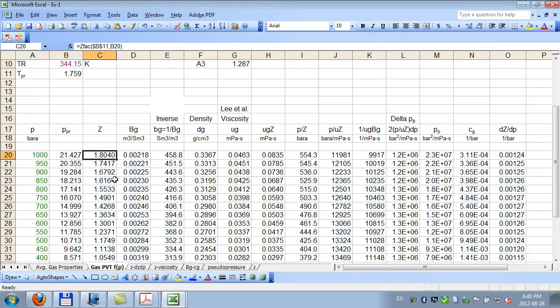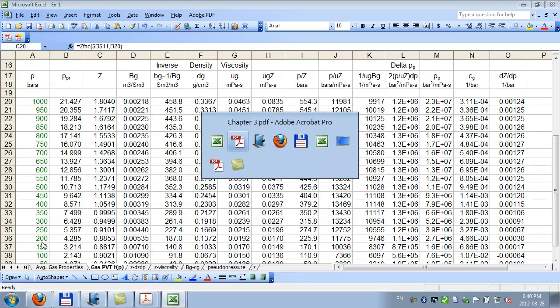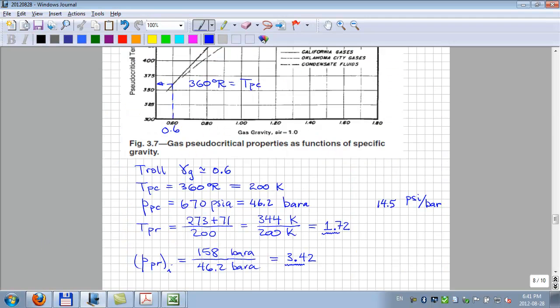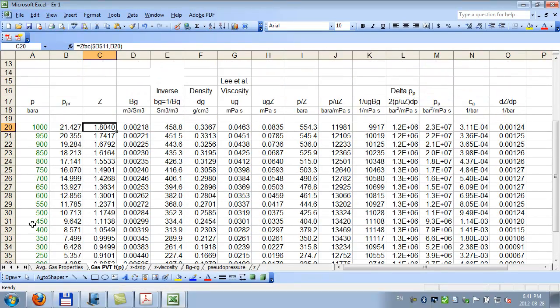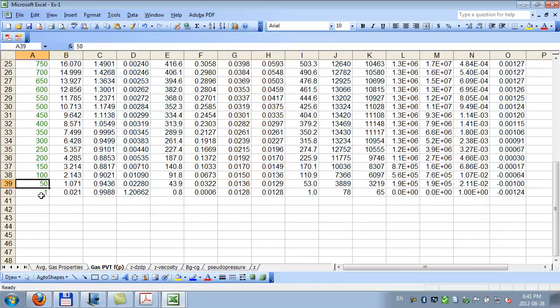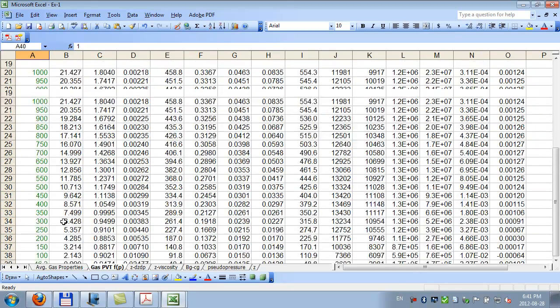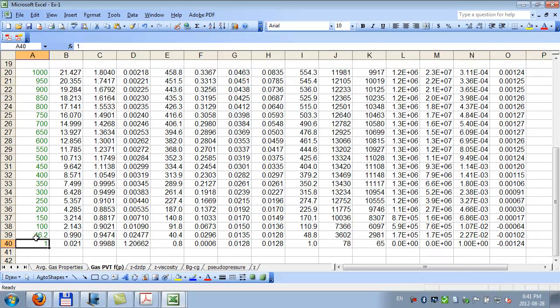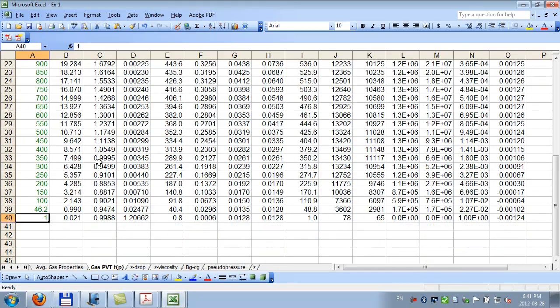Okay, and it gives us this. Now we want to see what it gets for the z factor at what pressure? 46.2. It doesn't have that, so we have to put it down here. 46.2. That's not good.